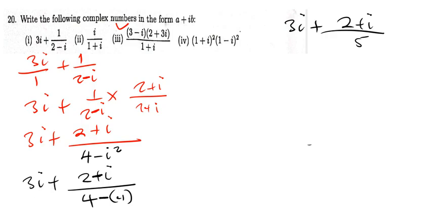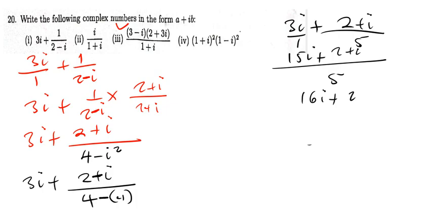So here there is 1, remember. The common denominator is 5. 1 times 5 is 5. 5 times 3 is 15I plus 5 times 1. So I'll have 2 plus I. 15I plus I is 16I plus 2, divided by 5.